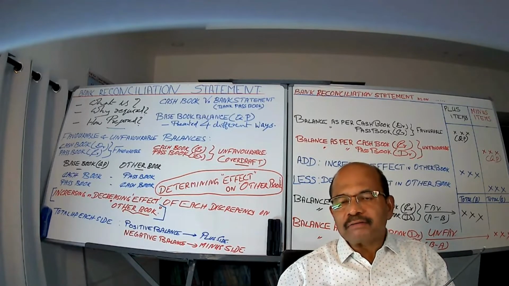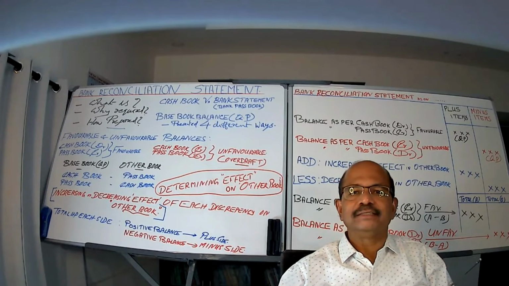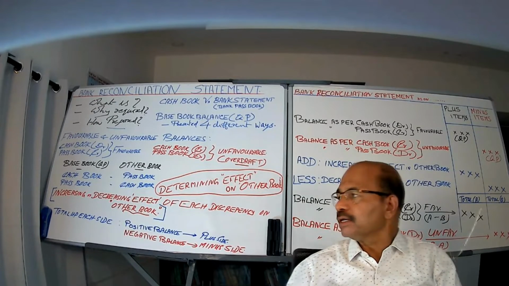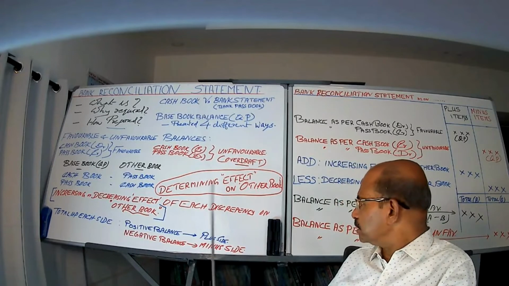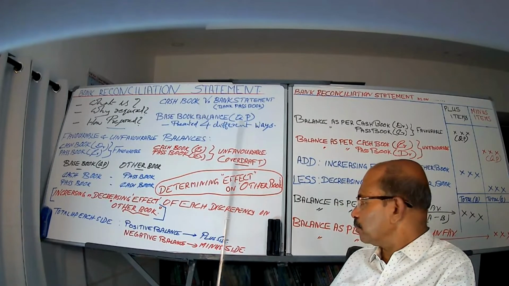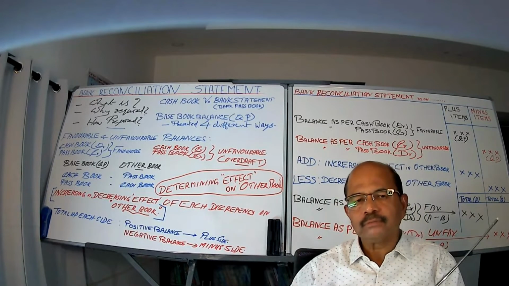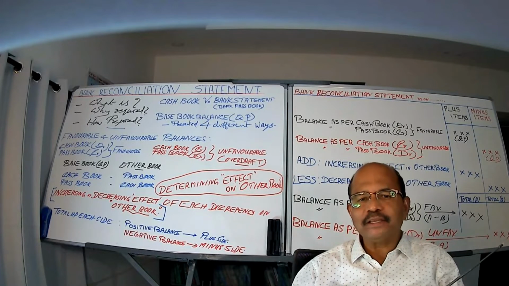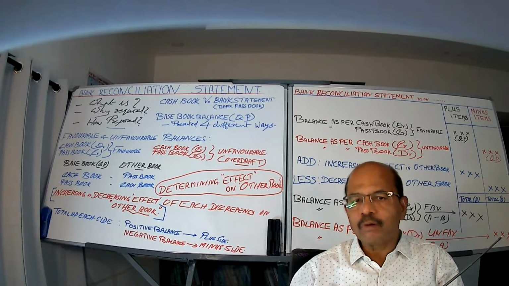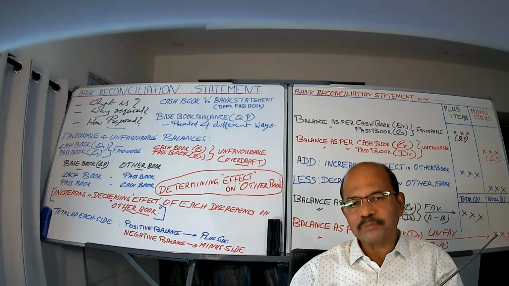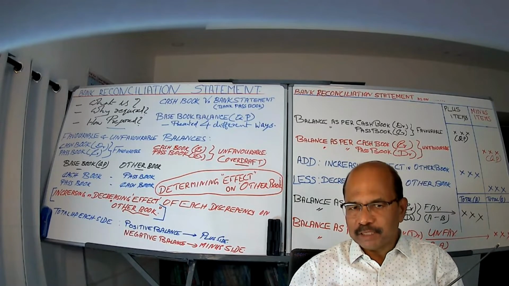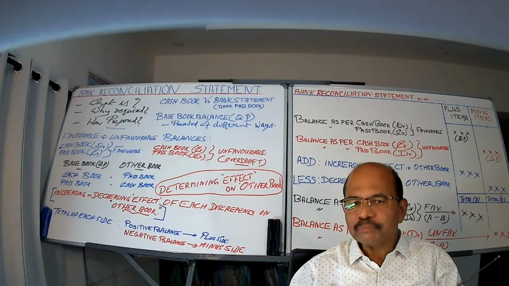So what are discrepancies? Some ideas you have got. Is it not? Yes. Now the most important thing is what I told you just now, determining the effect on the other book. What does other book mean? You will essentially be given balance as per cash book or balance as per pass book in a question paper. If balance as per cash book is given, that is the base book, because the balance is given in the question paper.